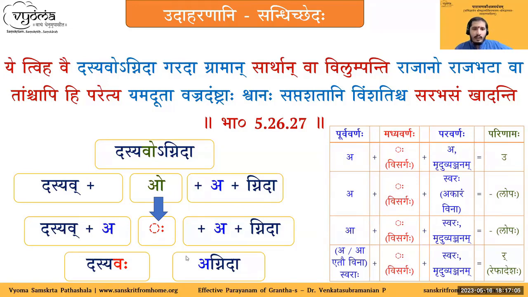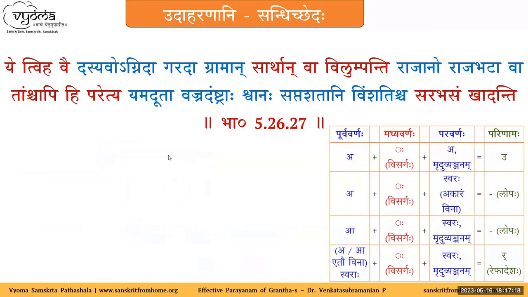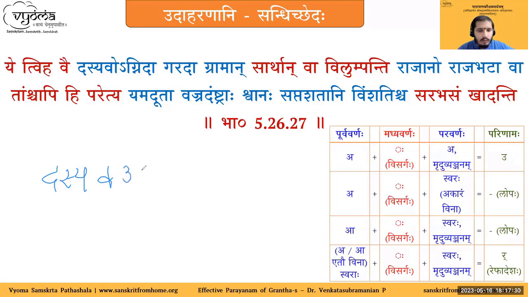In place of Visarga, you will get Ukara Adesha. So finally we have Dasyava, and after we get the Visarga Ukara Adesha, we have Dasyava U Agnida.